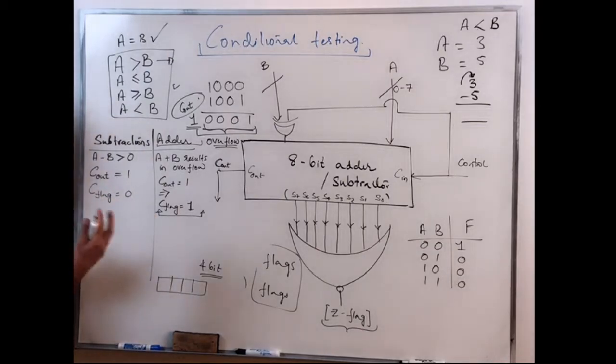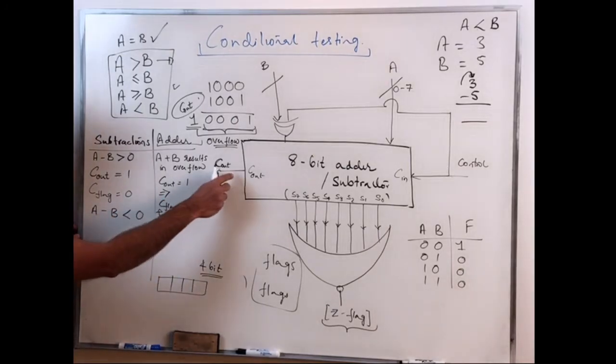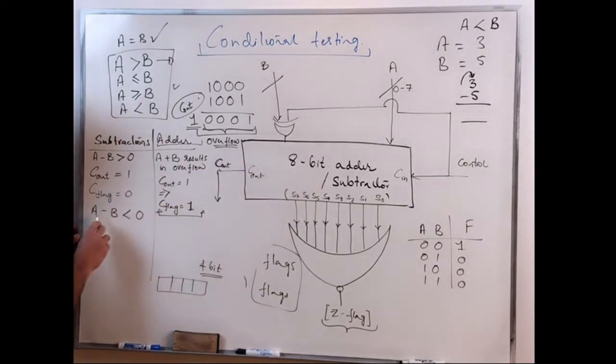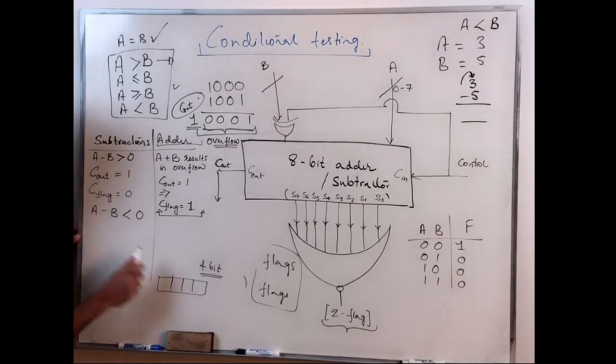That's how I would like to configure my C flag. When my A minus B is less than 0, the C out directly coming from my adder is 0, but I want my C flag to be a 1 under these circumstances.